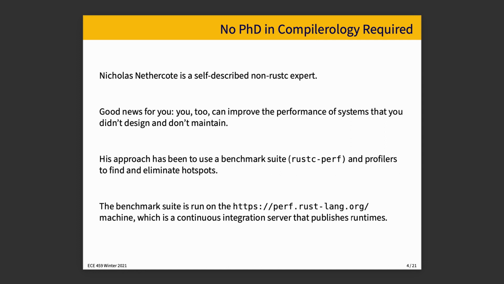That is combined with profilers, a topic we are coming to soon, to find and eliminate hotspots, that is, places where a lot of time is going. Can we make it more efficient? Can we eliminate something that is not necessary but is taking up a lot of time? That's how we do it.